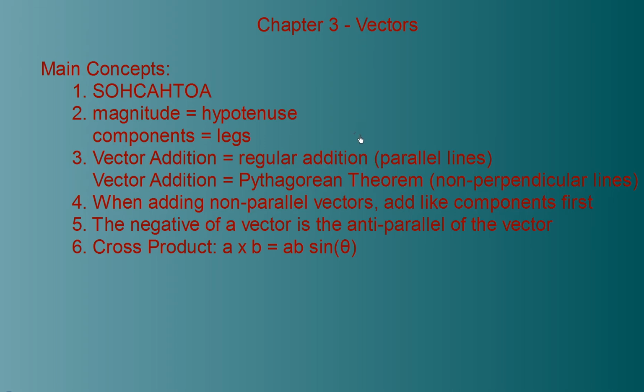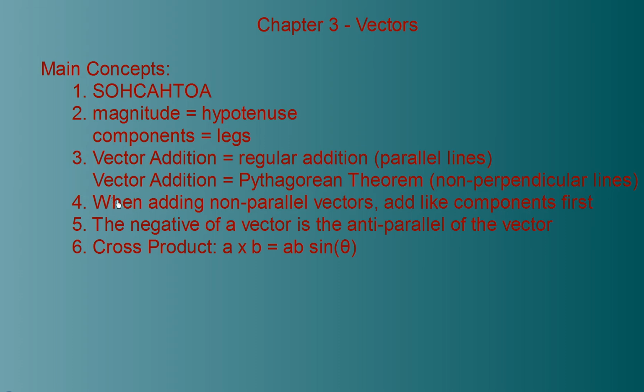So just like 7 plus 3 is 10, if you have a vector of length 7 and a vector of length 3, if those vectors are parallel and in the same direction, you can add them and get a new vector of 10. But if you have a vector of 7 and a vector of 3 that aren't parallel, then you can't just add them. You have to use Pythagorean Theorem and even maybe some more complex trigonometry.